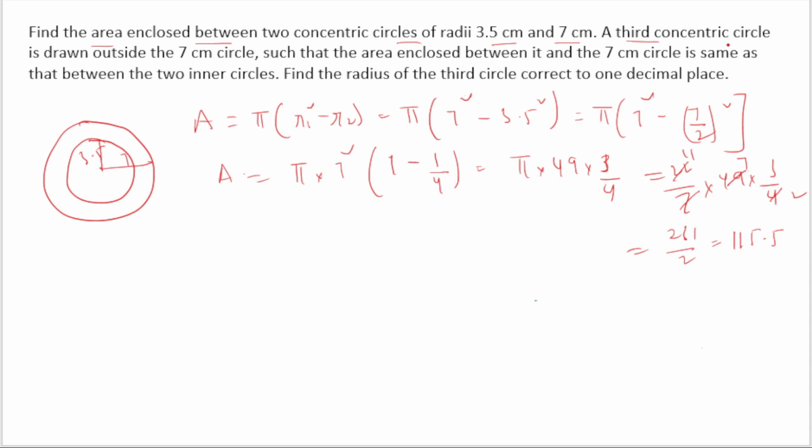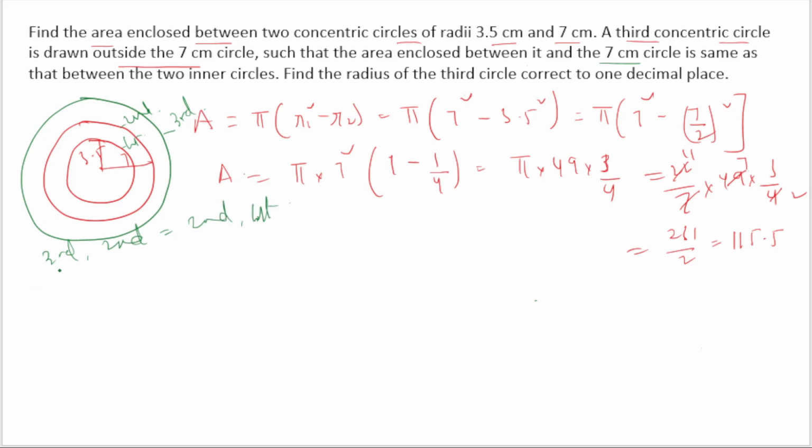And a third concentric circle is drawn outside the 7 centimeter circle, such that the area enclosed between it and the 7 centimeter circle, see, this is the third circle. The area between the third circle and the second circle is equal to the area between the second circle and the first circle.